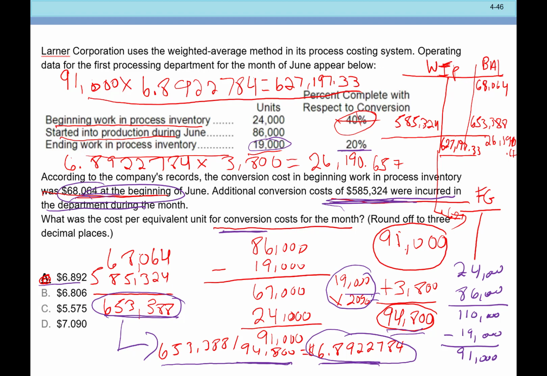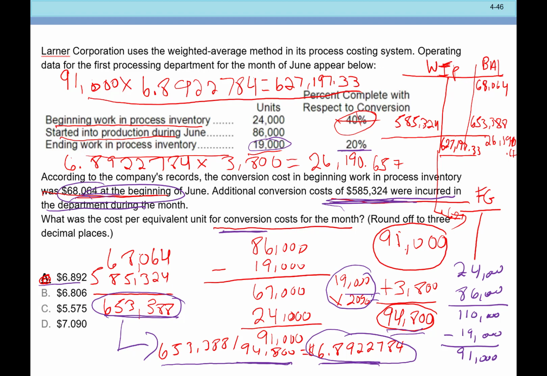The problem told me the conversion cost beginning work in process was 68,064, so I put that in the balance here. That's the beginning balance. Then I calculated on a per unit basis that my cost is 6.8922784.